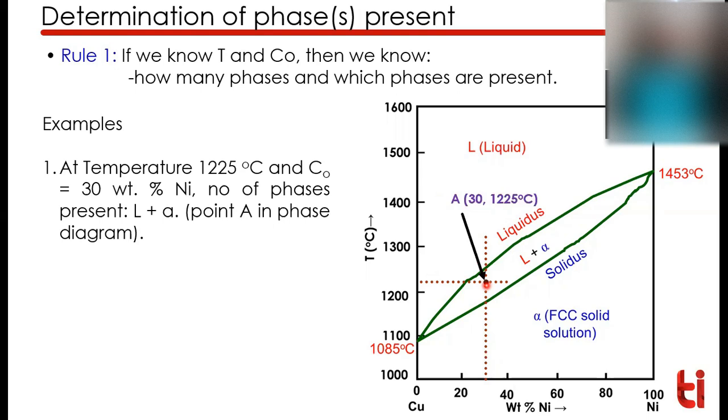Below 1050 degrees Celsius, that alloy will be only solid, and above 1400 degrees Celsius it is completely liquid. So at 1050 it is only one phase, at 1225 degrees Celsius it is two phase, and at 1400 it is again one phase. This is the information I am getting.